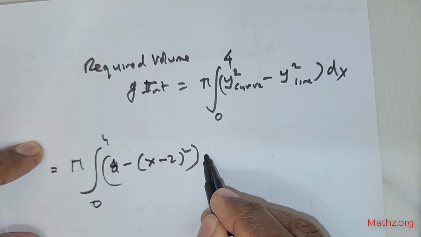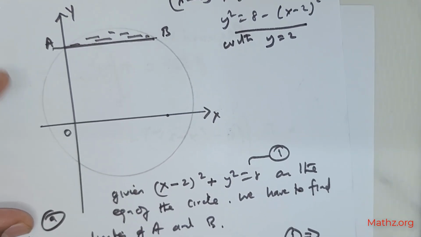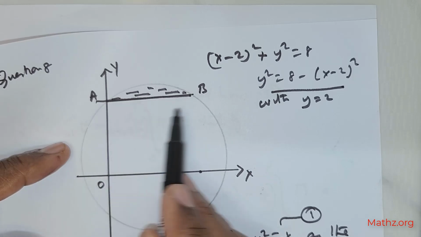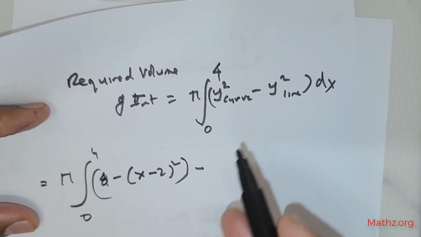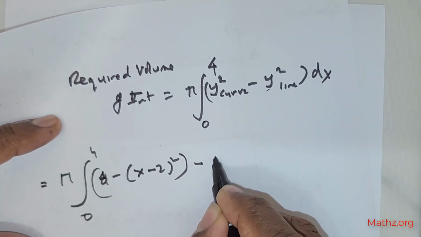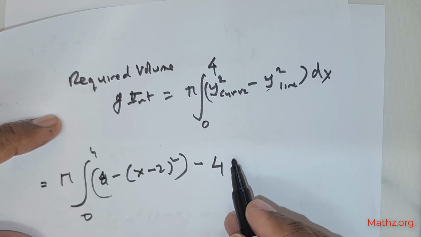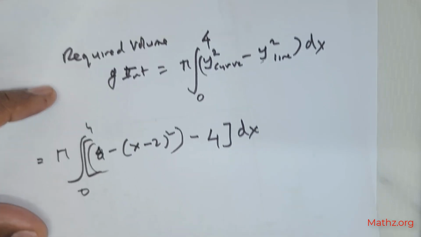We need to just place the y squared value. That is followed by y = 2 here. So that means equal to 4 because of the value being y squared, right? So this would be the region, and we will have to evaluate this.